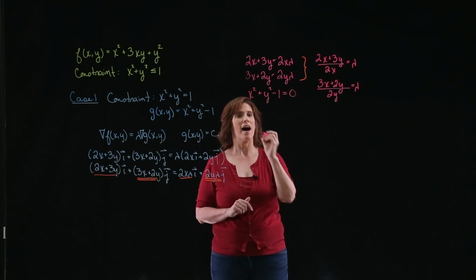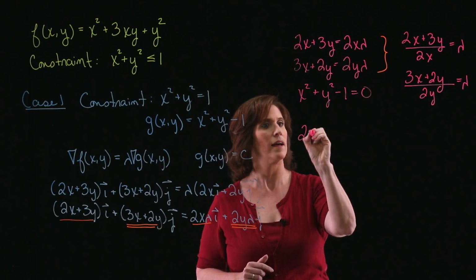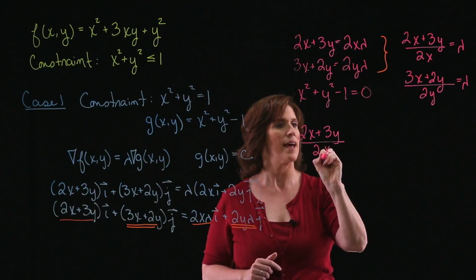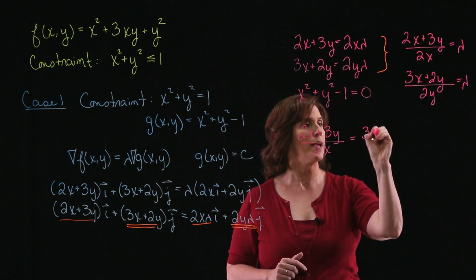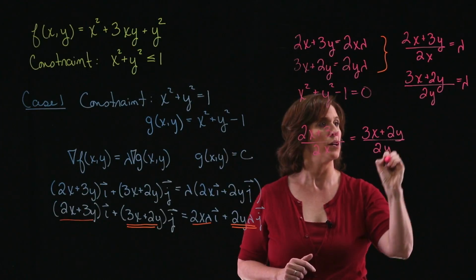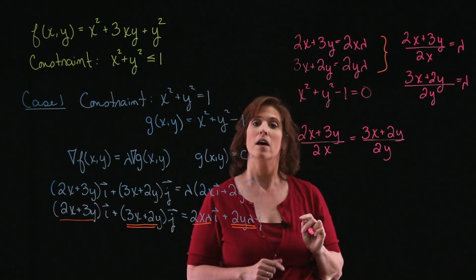Combining those together, I notice that (2x + 3y) over 2x has to equal (3x + 2y) over 2y, because they're both lambda, so I set each of them equal to each other.